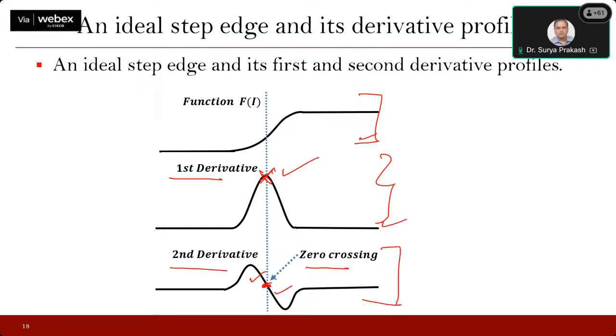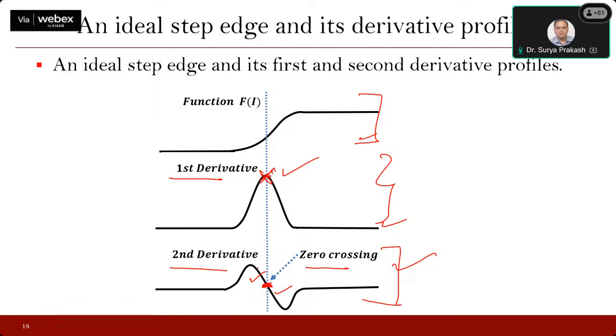When you apply the Gaussian on your input image, it converts the image to a second derivative, and it looks like this. So corresponding to the peak in the first derivative, you have a zero crossing like this.